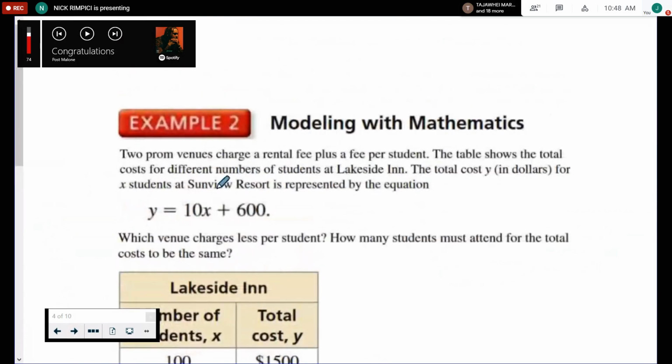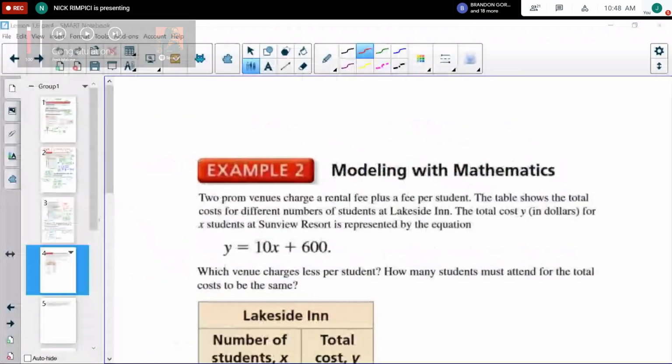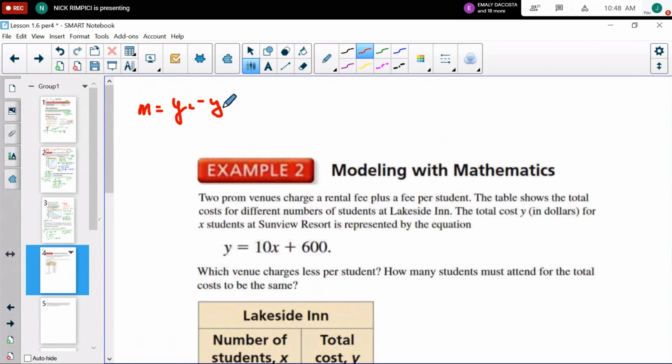Let me just write down the things that we know that we need for these questions, and the things that we know that we need for questions like these are the tools that I showed you on the other slide. So we know that for this we need m equals y2 minus y1 over x2 minus x1. That just gives you the slope, right?